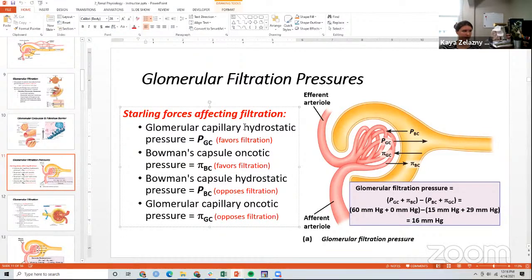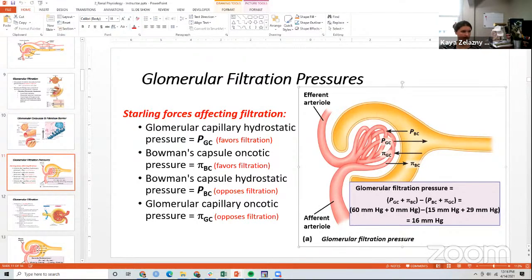Hydrostatic pressure is anywhere we have a fluid, it pushes on the walls of whatever vessel it's in. So fluid in the glomerulus, in those capillaries, pushes out on the wall, which means you're pressing into the nephron. If we extend the arrow, that means we're filtering into the nephron. So that capillary hydrostatic pressure is a force for filtration.